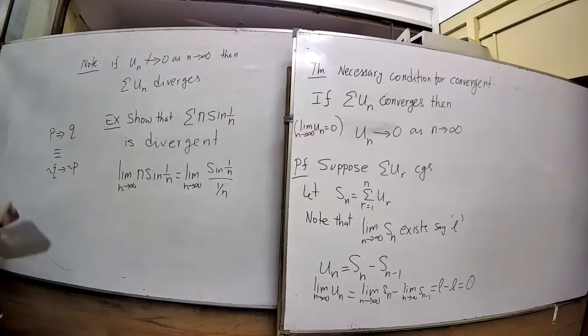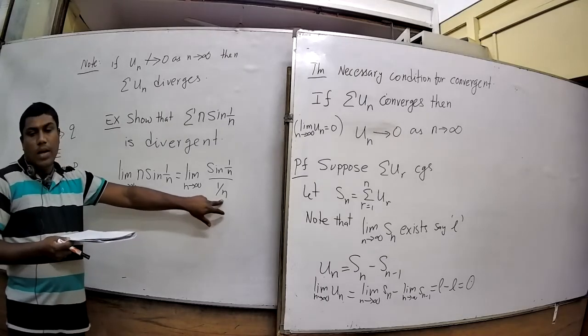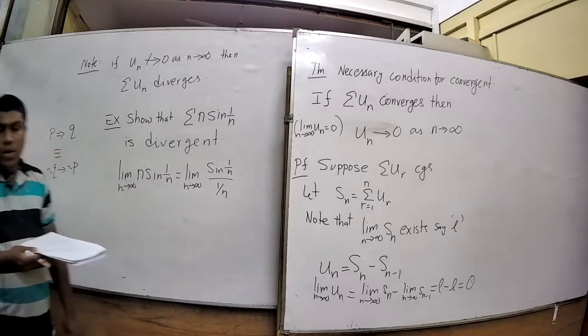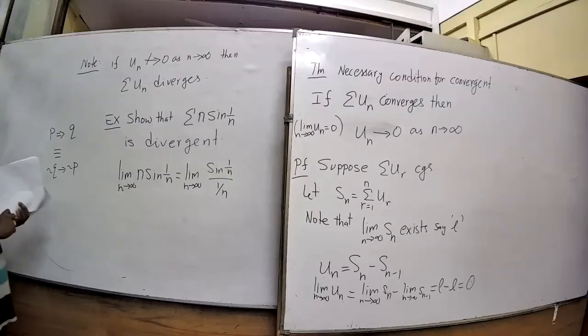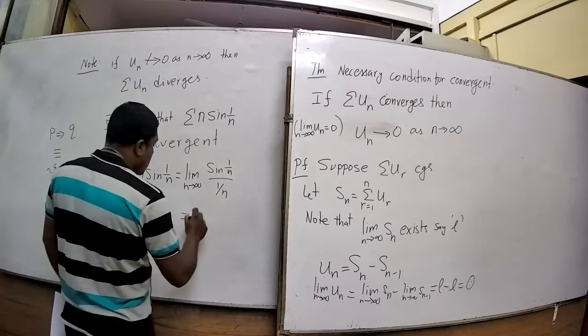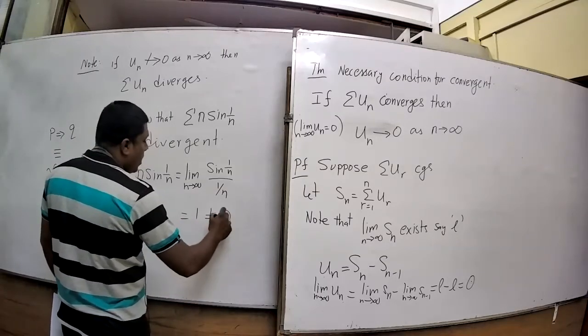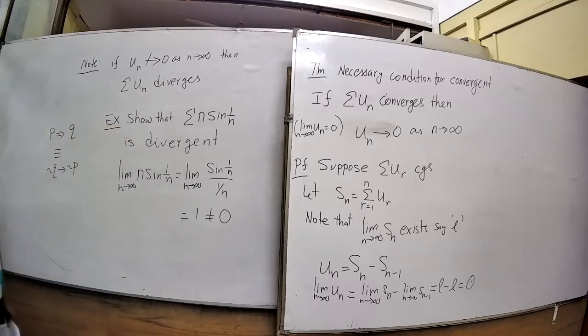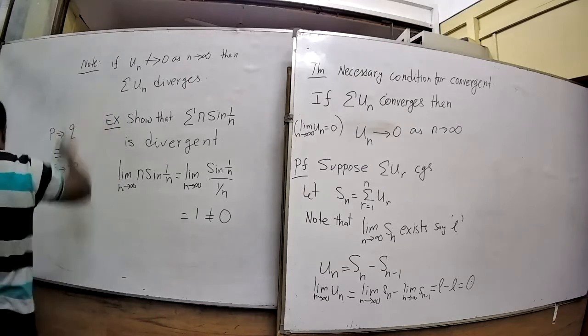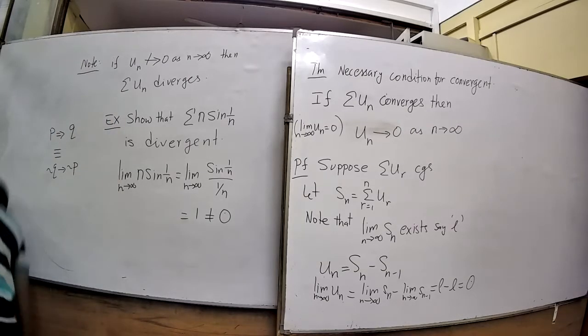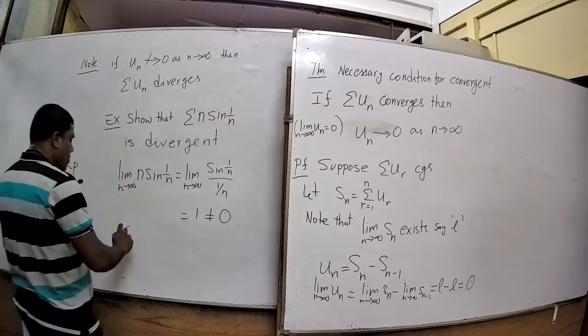And this is sine theta over theta as theta goes to 0. Here n goes to infinity, so 1 upon n goes to 0. You studied this in A level. And so that's 1, obviously not equal to 0. So according to this theorem, we say that the series summation of n sine 1 upon n is divergent.